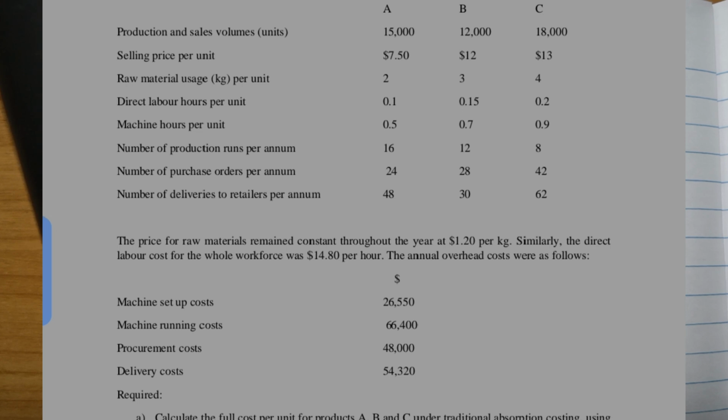So with the traditional absorption method, we had to find the overhead absorption rate first, before we allocated it, using labor hours to find our overhead cost. Then we finally used it to find the cost per unit.